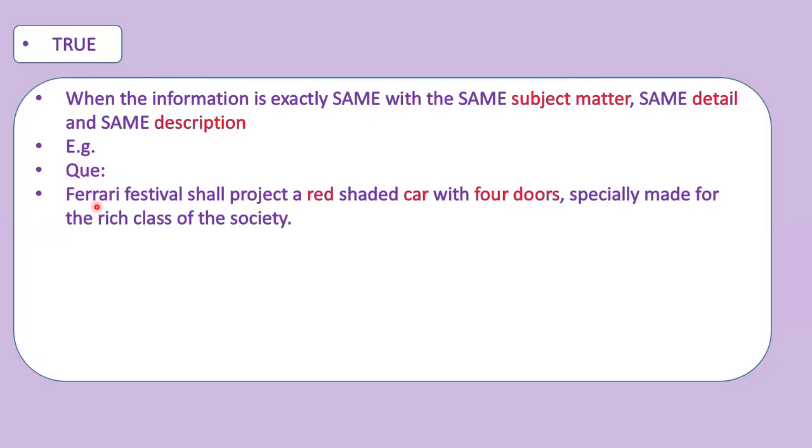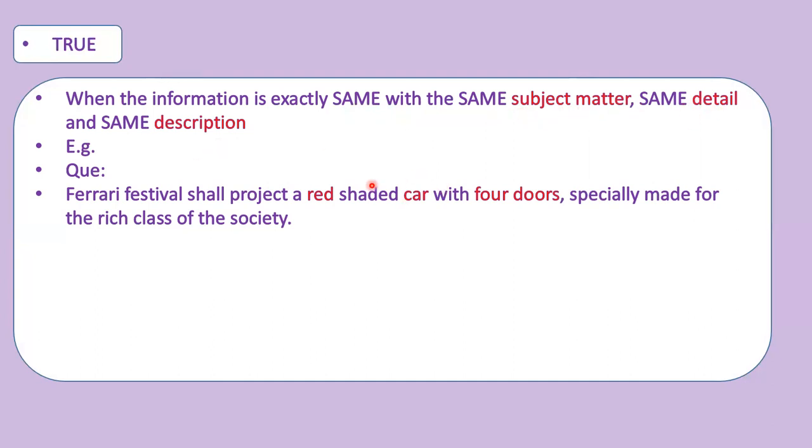We have taken one question over here. It says Ferrari Festival shall project a red shaded car with 4 doors, especially made for the rich class of the society. Now, what I have to do is bifurcate the information. What is subject matter? What is detail? What is description?